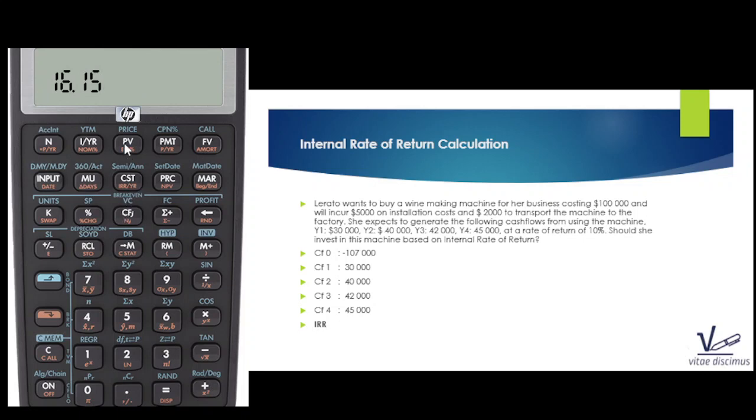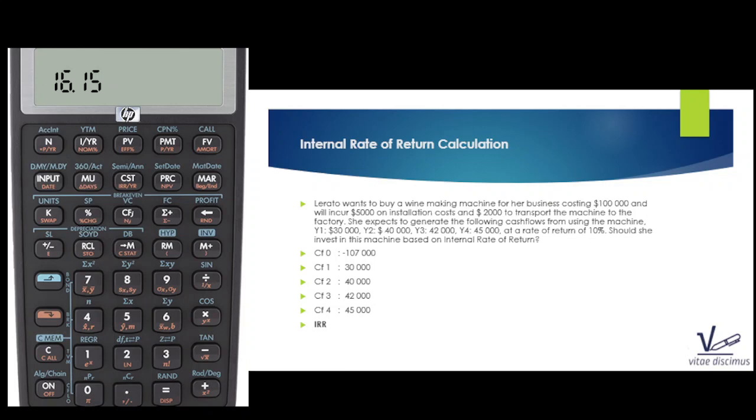So it means that 16.15% is the required return or cost of capital that will allow the NPV to be 0. So basically, if we invest at 16.15%, the NPV will be 0 for this investment.